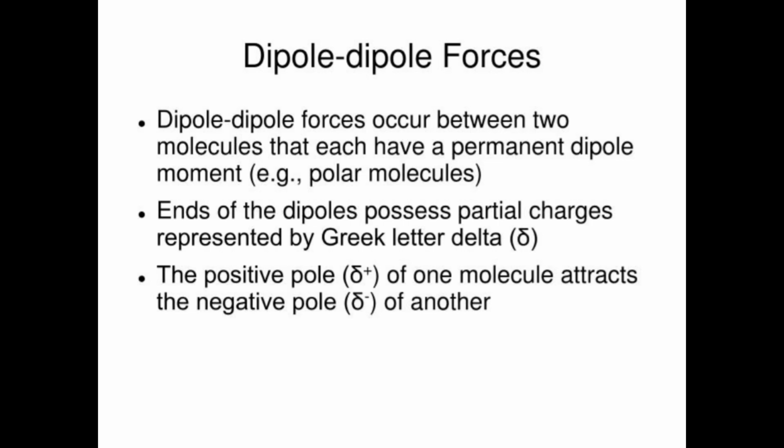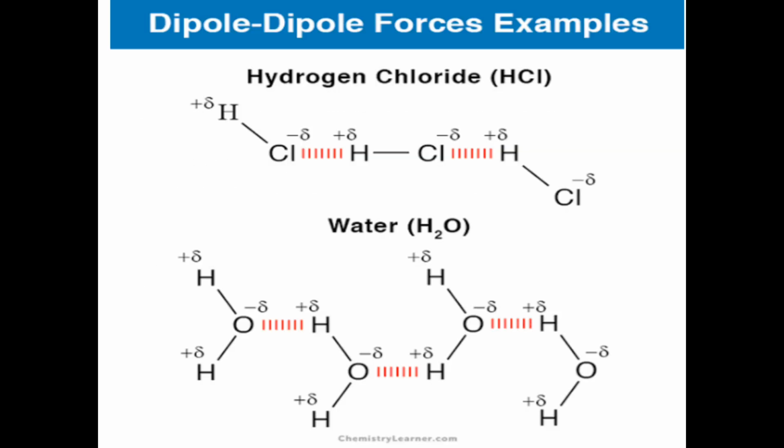So each of the ends of the dipoles possess delta, a Greek letter that is called delta. They possess partial charges, and in these partial charges you have the positive pole, which is delta plus, which attracts the negative pole, which is delta minus of another.